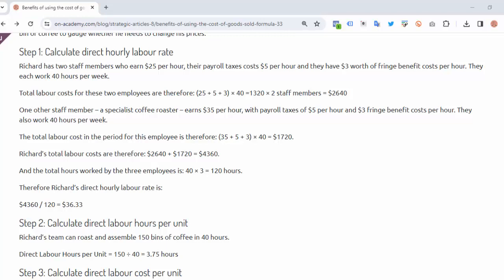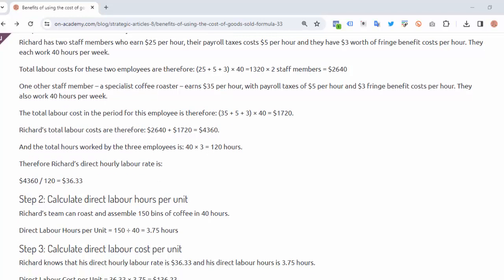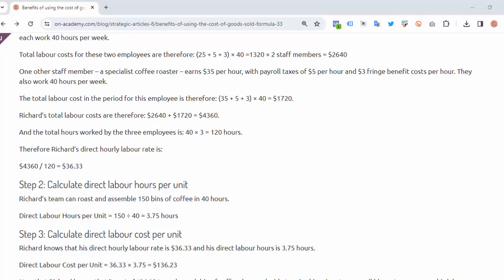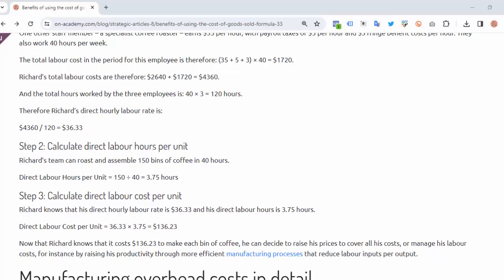Before calculating the direct labor costs per unit, you need to know how to calculate the direct hourly labor rate and direct labor hours. Step 1. Calculate direct hourly labor rate. The direct labor hourly rate is the sum of all wages plus payroll taxes and fringe benefit costs for the period. Divide this amount by the number of hours worked in the pay period.